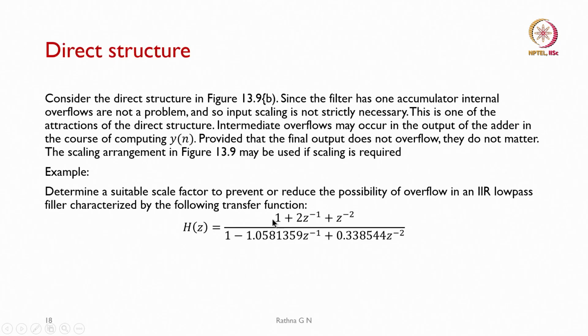So, we will take up an example and see how we are going to calculate this. In the book it says that figure 13.19 is being used, and this is our second order section for the example.